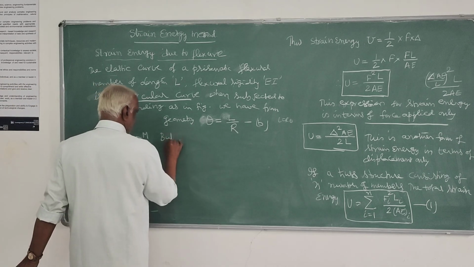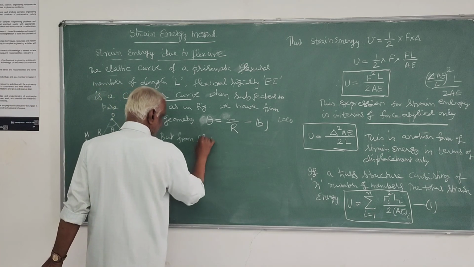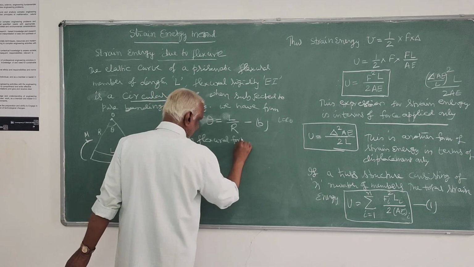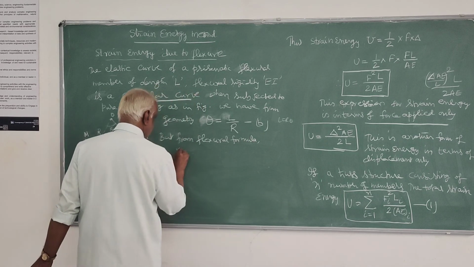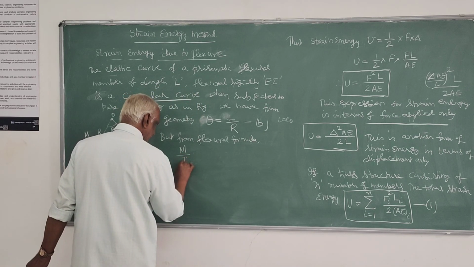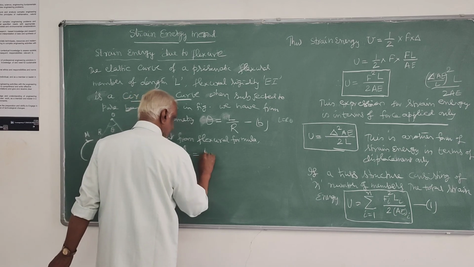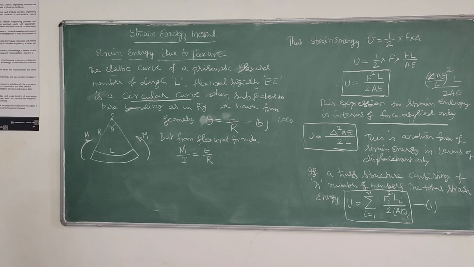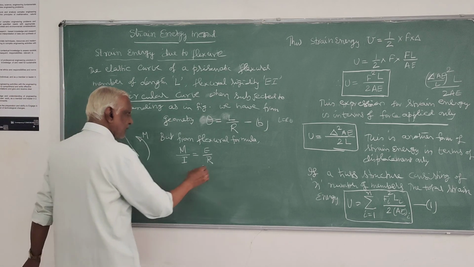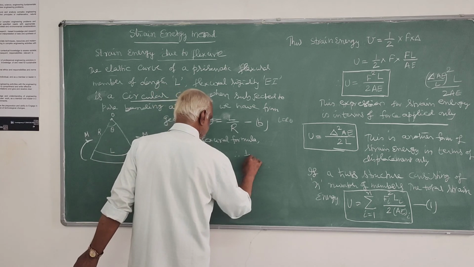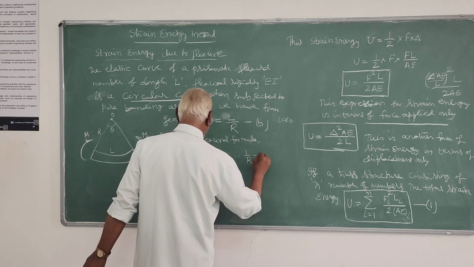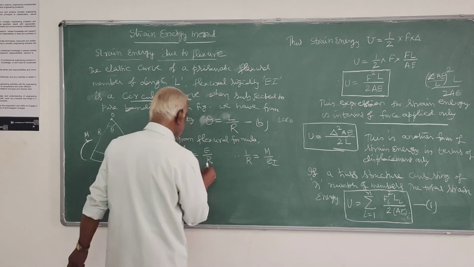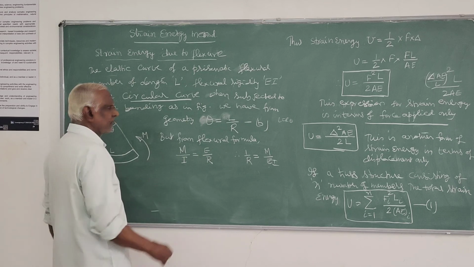But from the flexural formula which you have derived in strength of materials, you have that famous bending equation: M by I is equal to E by R is equal to sigma by y. From this, 1 by R is equal to M by EI.